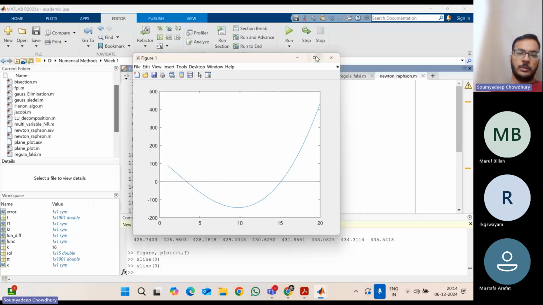So you can see here there are two intersection points, right? One is this 3.349 which we got. This is 3.349, around 3.4, and this is around 15.1.